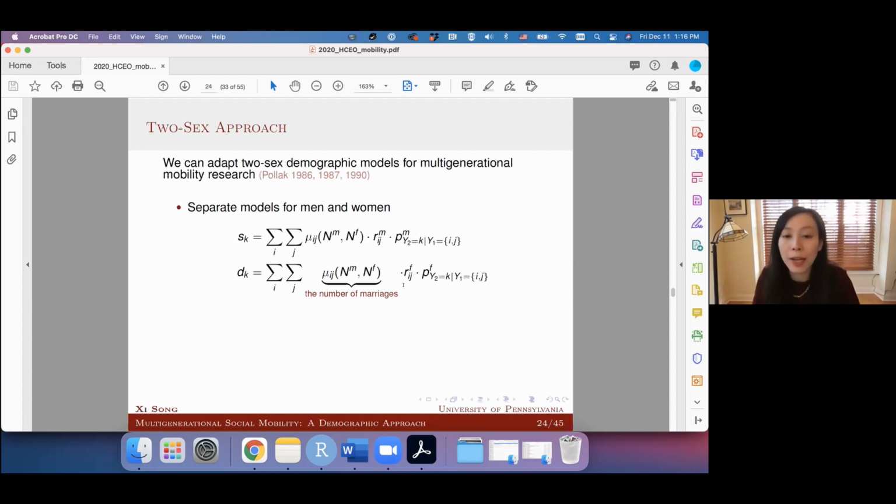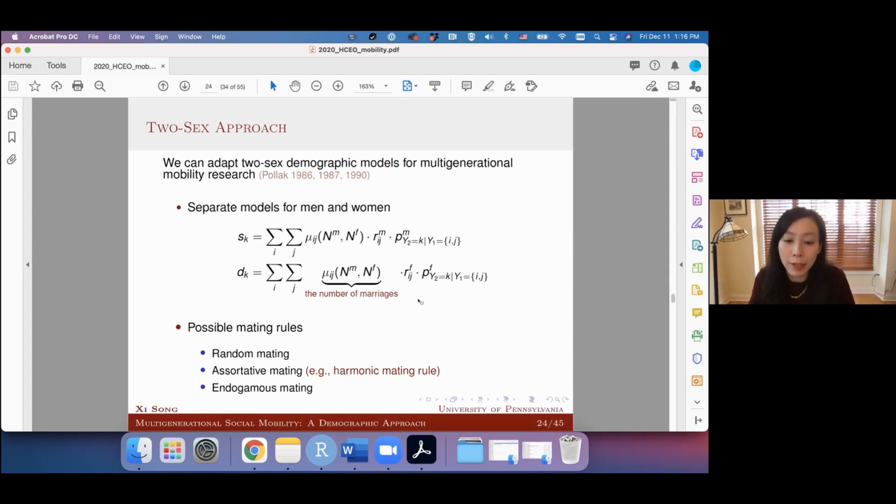But of course, we can relax this by considering the number of unions or informal unions rather than formal marriages. Then, based on that, we predict the number of males and females that form different types of unions, and then use their socioeconomic information to predict the social mobility of their offspring. So here we need to have two separate models, one for daughters and another for sons.